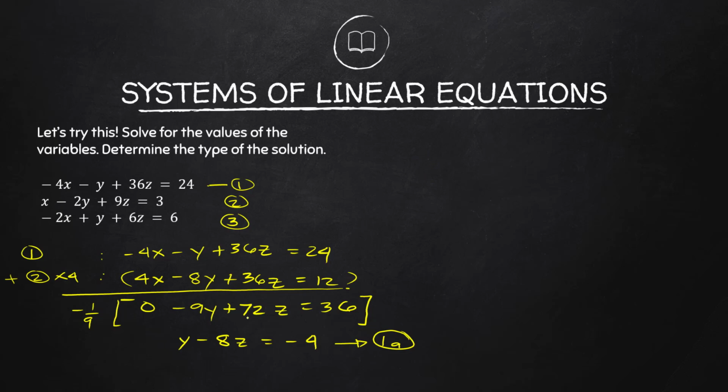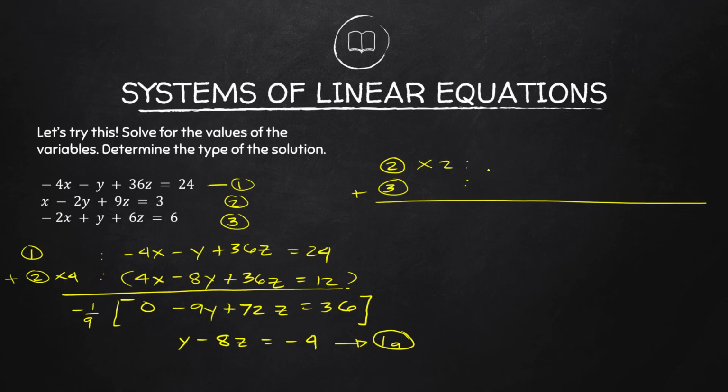For the next step, we need to retain the variables y and z again. Let's do it using equations 2 and 3. What I will do with equation 2 is multiply it by positive 2 so that we can cancel x, and then add it to equation 3.